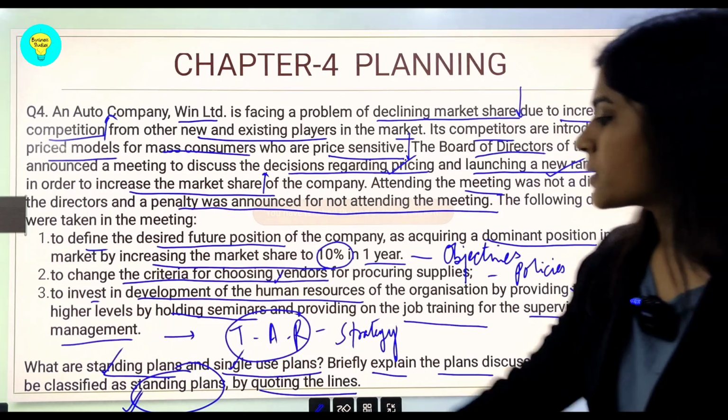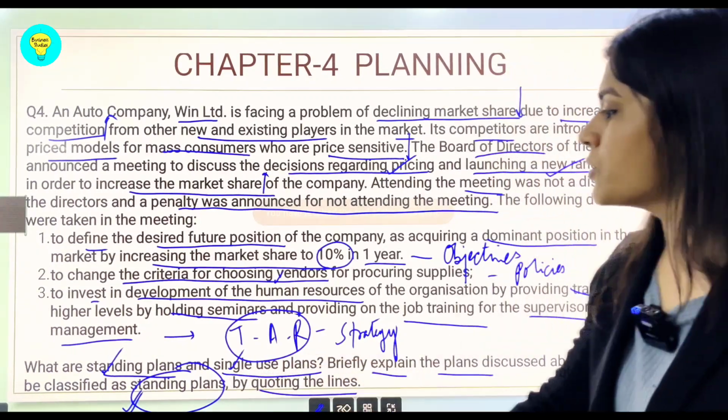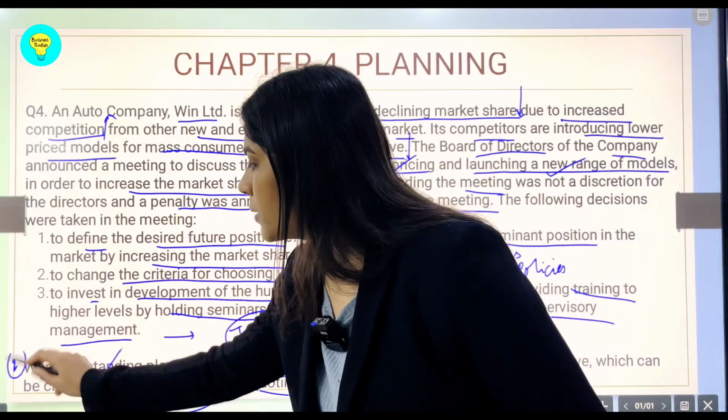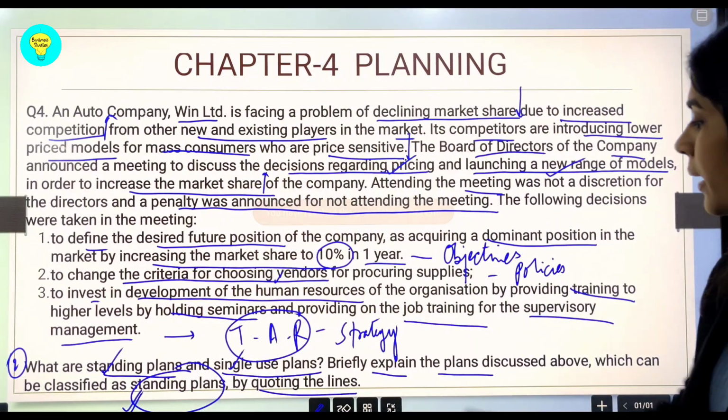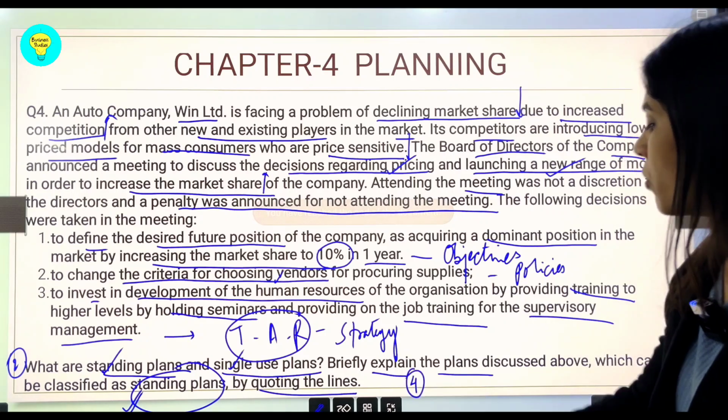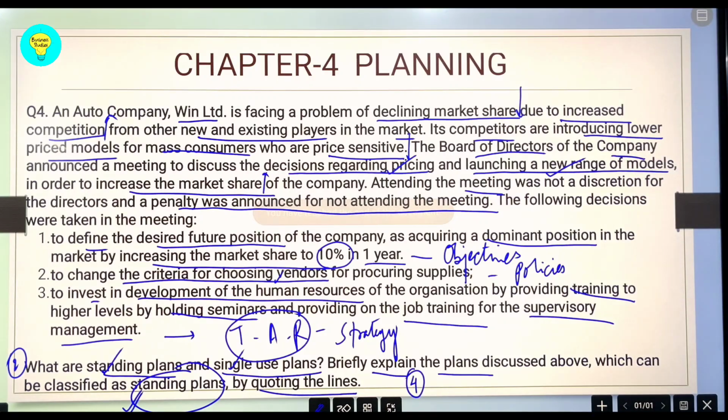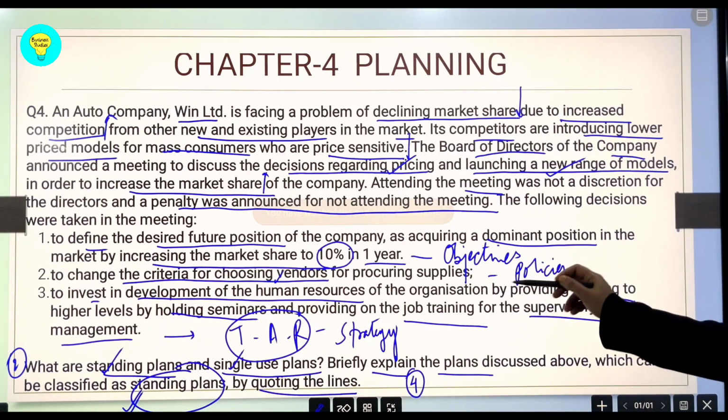So, if we choose the standing plans, definitely the first question which we discussed is of 2 marks, that we have explained, standing plan and single use plan, 1+1, and the last part of the question is 4 marks to make it a 6 marker, where you are supposed to explain all these plans.